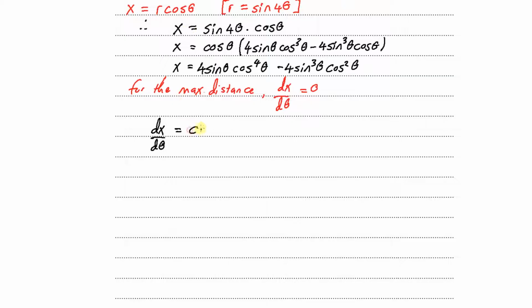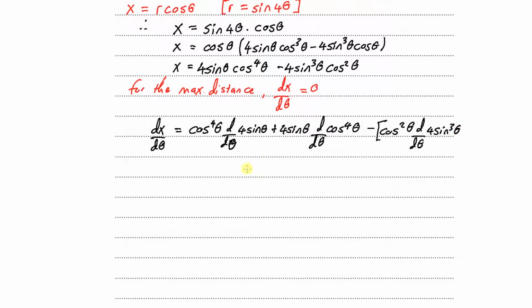So that means we'll be saying cos to the 4 of theta times the derivative of 4 sine theta, plus 4 sine theta times d by d theta of cos to the 4 of theta, and that's minus, open bracket. We do the product rule here, so it's cos squared theta and d by d theta of 4 sine cubed theta, plus 4 sine cubed theta and d by d theta of cos squared theta.